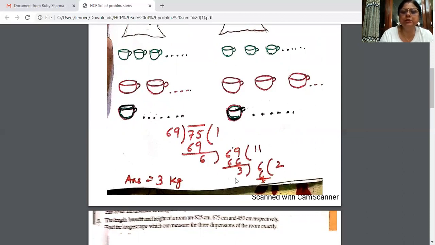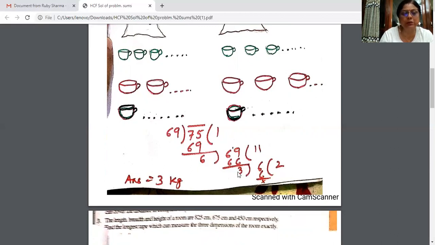So in both the cases you're getting 3 as the remainder. Now the first divisor is the second dividend, the second divisor is the third dividend. 6 will come here. There's nothing to do with the quotient here in this case, okay? So we want it exactly divisible, the common factor. So it has to be divided.